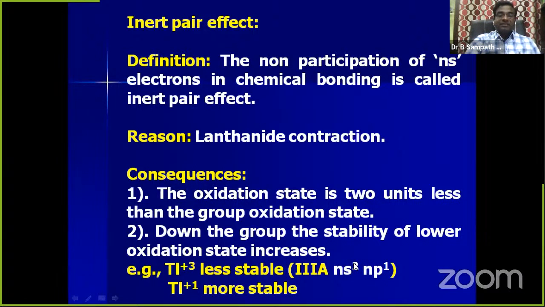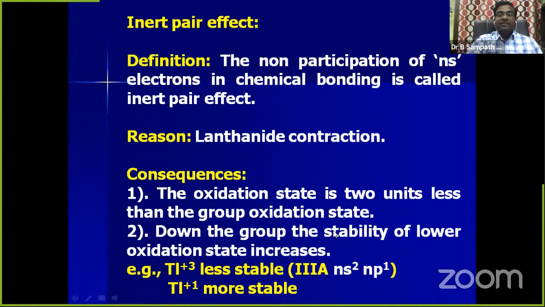But thallium won't lose these 3 valence electrons. Why? Here the non-participation of ns electrons takes place, meaning these ns electrons do not participate in the chemical bond. This is due to lanthanide contraction, the size decreases.